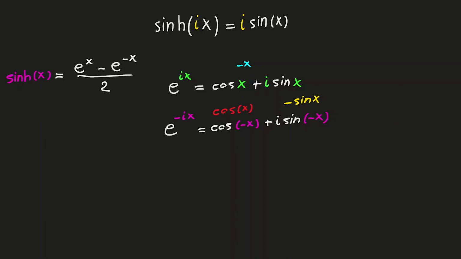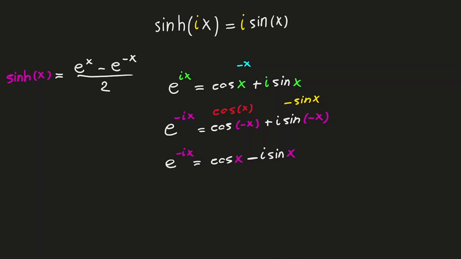That being said, e to the minus ix equals cosine of x minus, because we're taking the minus in front of sine, minus i sine of x.